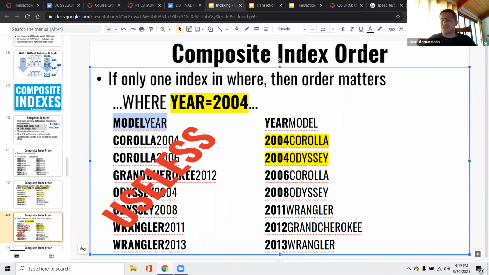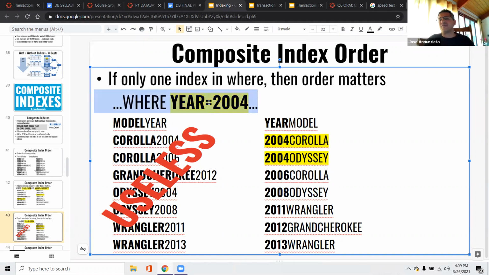It would be completely useless to you if instead it were model year, because the year is now after the concatenation. It doesn't help you that it's sorted by model, because it's the same as the year being random.